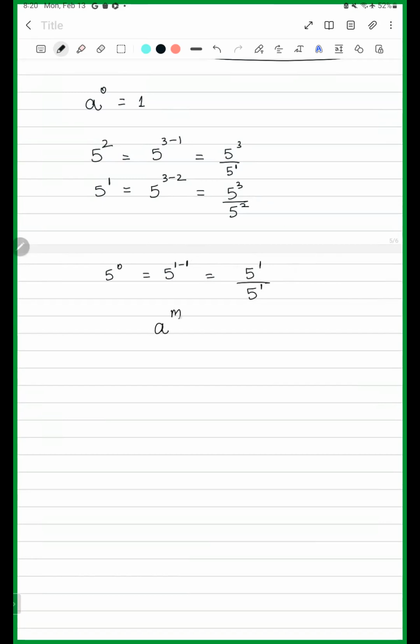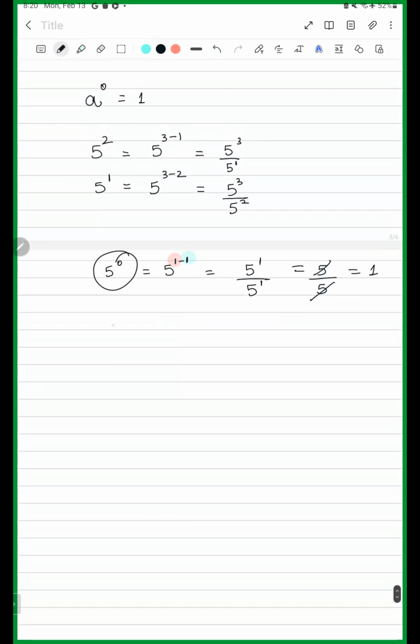A to the power m minus n is equal to A to the power m divided by A to the power n. यहाँ पे m है हमारा 1 and n है हमारा the other one. So what is 5 to the power 1? That is nothing but 5. And again, denominator is also 5. 5 and 5 get cancelled, it gives you 1. That is why anything to the power 0 gives you 1.